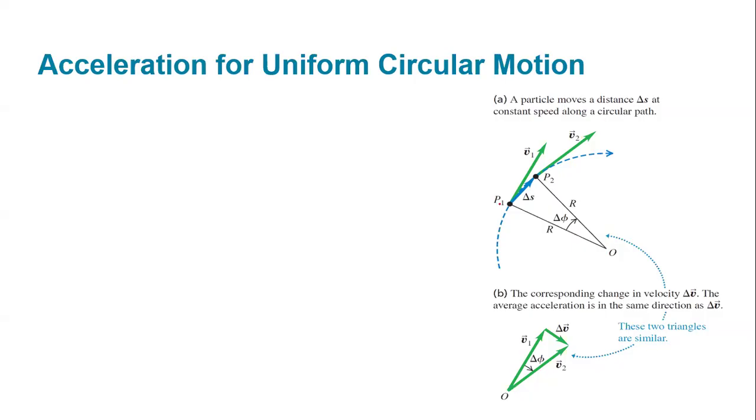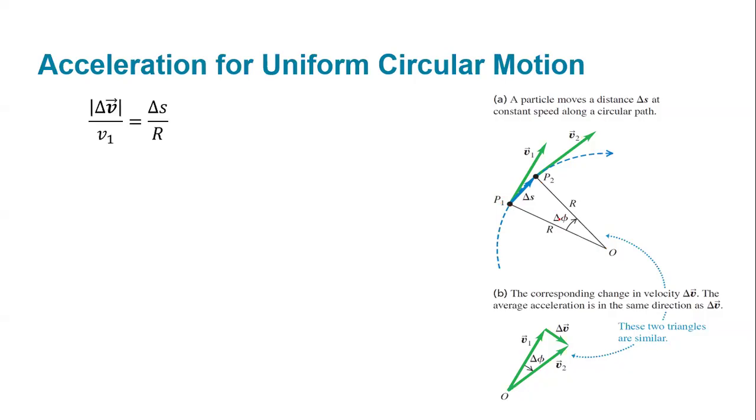And we have a radius R from the origin to point P1, which is also equal to the radius from the origin to point P2. So we have here the delta S, the arc distance. Okay.